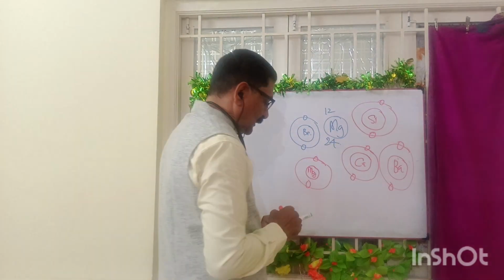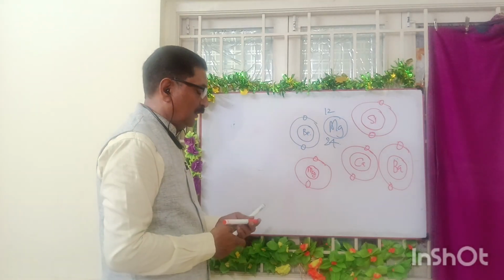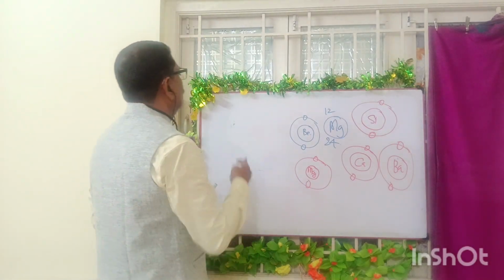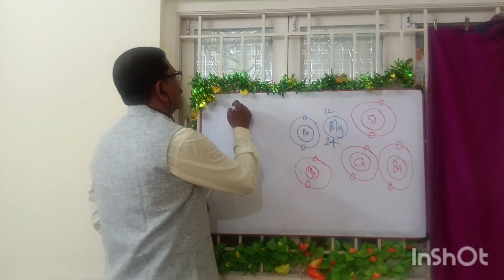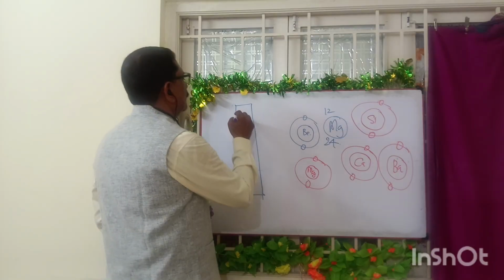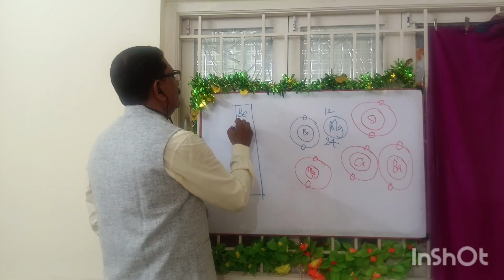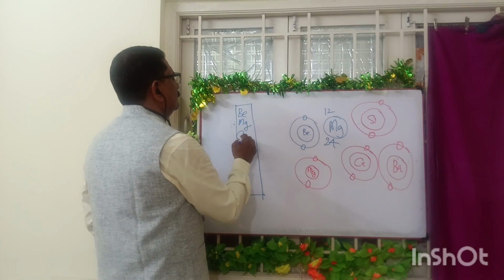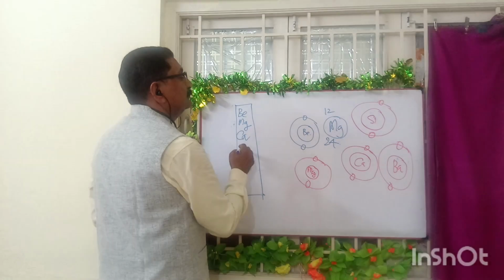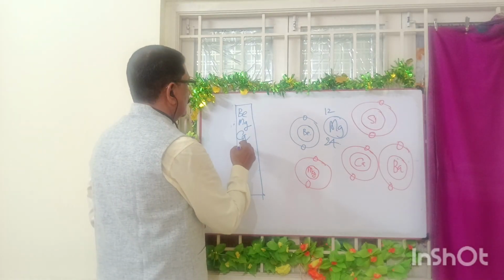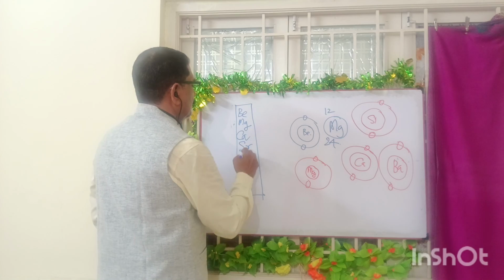So, all these elements have 2 electrons in their outermost orbit. That is why they are placed in the second group: beryllium, magnesium, calcium, strontium, and barium.